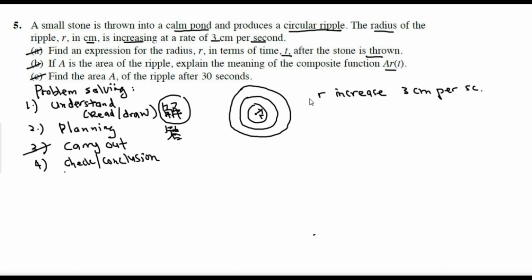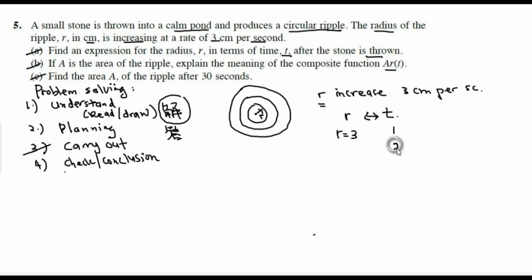So for A, we are going to find r in terms of t. How do we relate r and time? In 1 second, the radius increases by 3 cm.